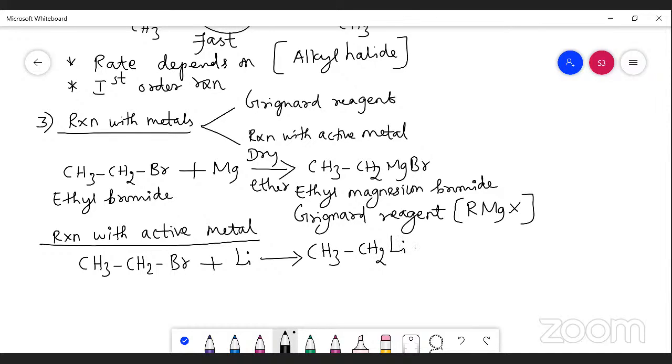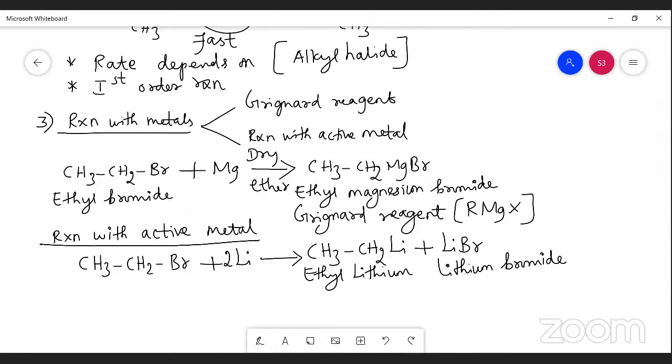And Br should be added with one more lithium, LiBr. To balance the equation, I will put 2 Li here. So this is ethyl lithium, and this is lithium bromide. Okay. Next.